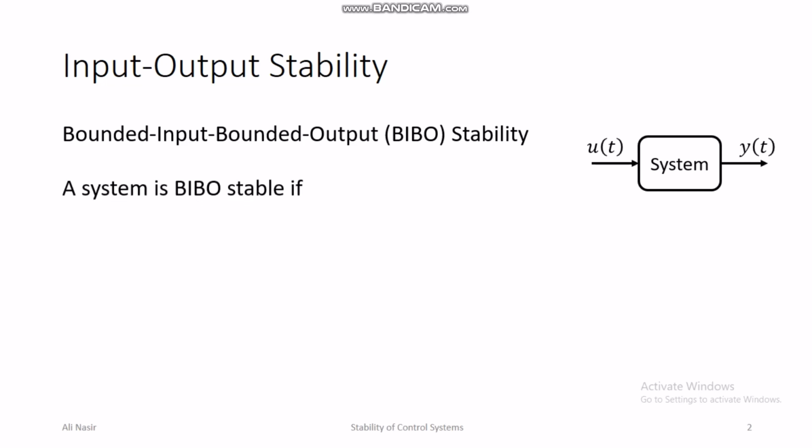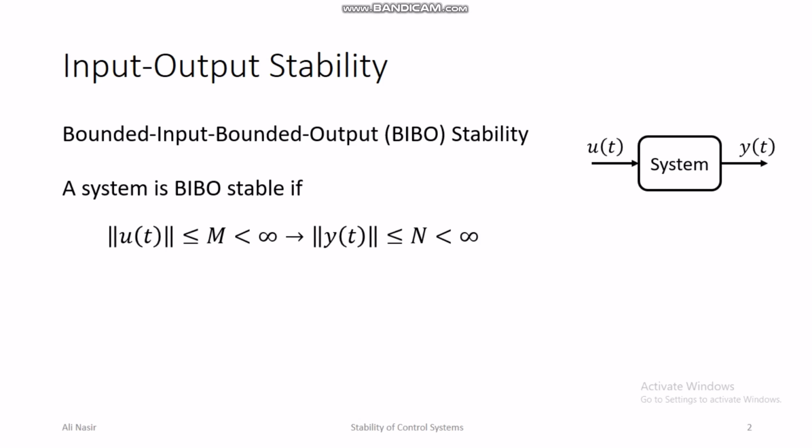How do we mathematically state this stability? It is the following. It states that if the norm of the input signal u of t is less than or equal to some quantity m, or upper bound m, which is finite, then this should imply that the norm or magnitude of the output signal y of t should be bounded by some finite number n.